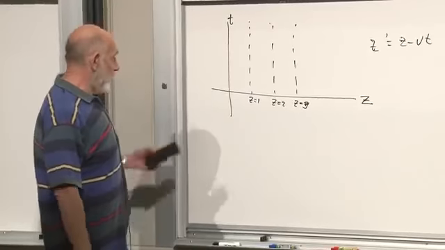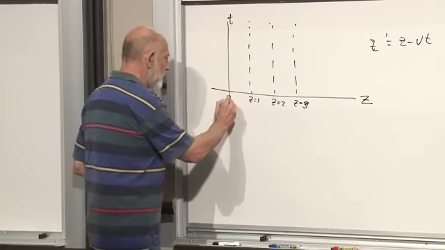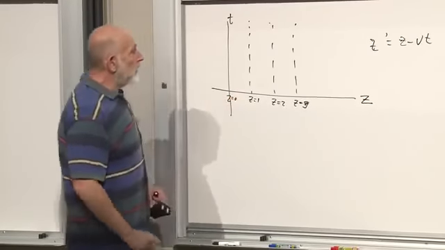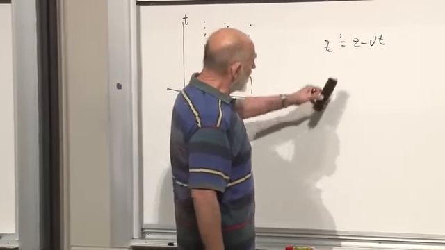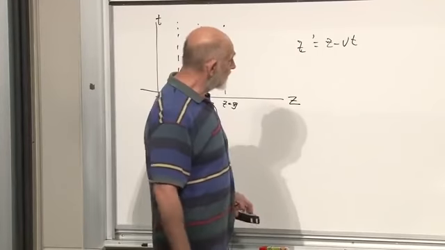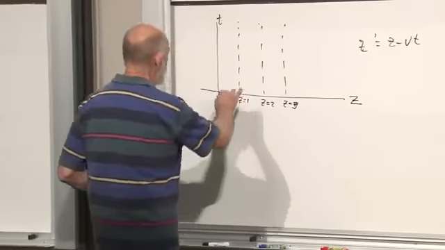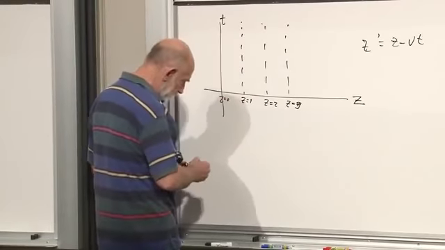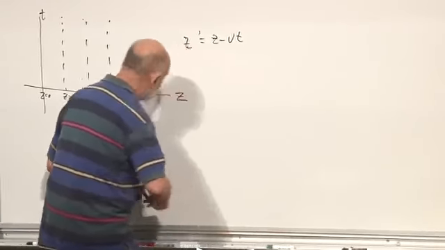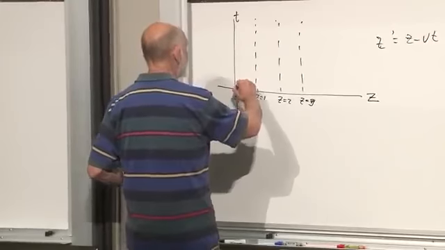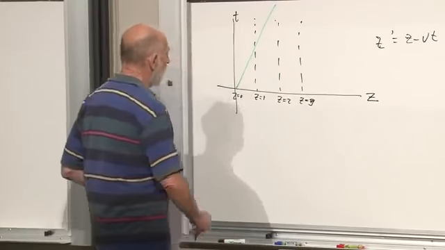Now let's put in z prime equals 0. Z prime equals 0 is the same as z equals Vt. Z equals Vt is a trajectory that moves upward to the right and looks like this.